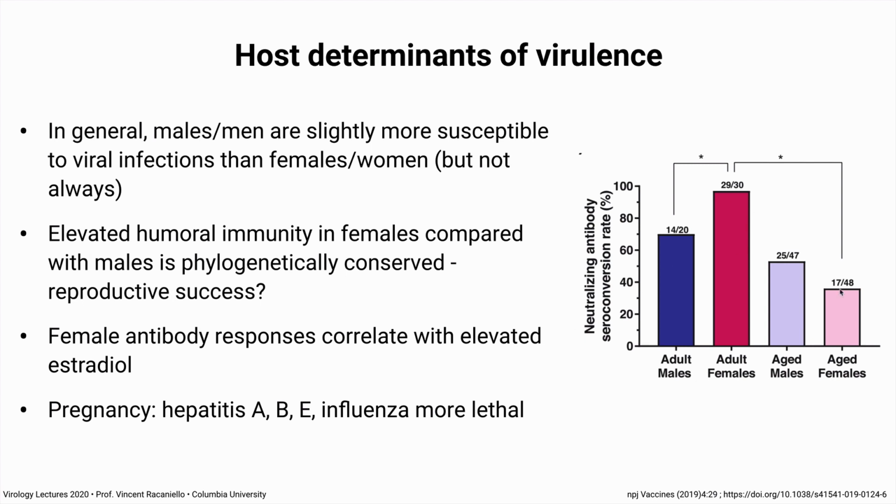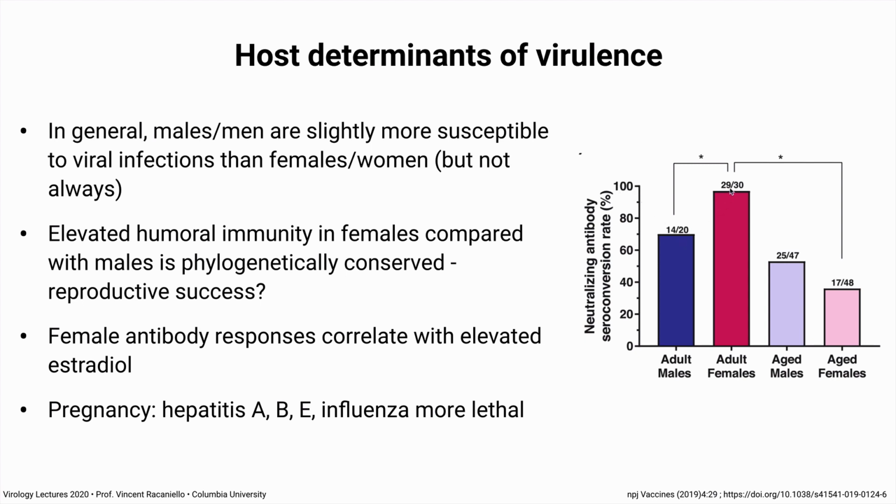Here are the results of an experiment where immune response to influenza vaccine was studied in adult males and females and older males and females. They gave these individuals influenza vaccine and measured neutralizing antibody in the serum, and this is shown as the seroconversion rate in the population.